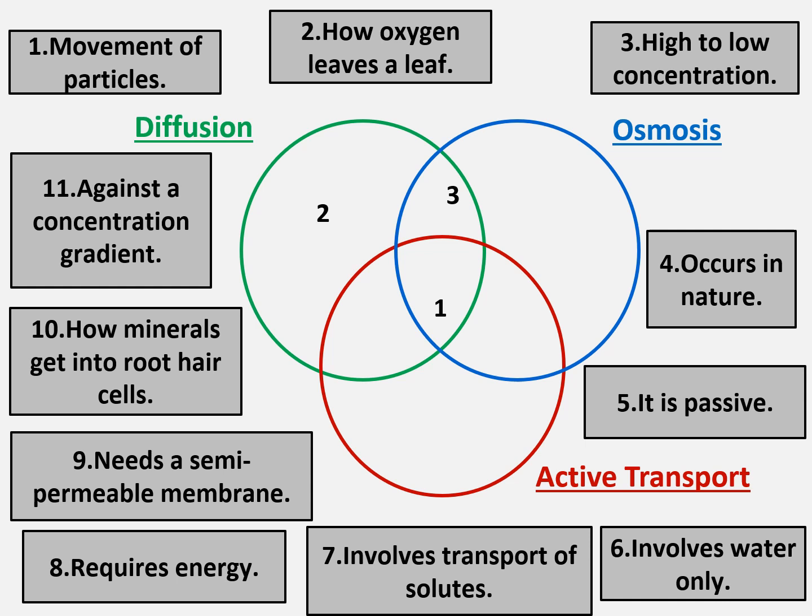From a high to a low concentration, it goes with the concentration gradient. All 3 of our processes occur naturally, and you should be able to give me some examples for each one of those now. Right, which ones are passive?